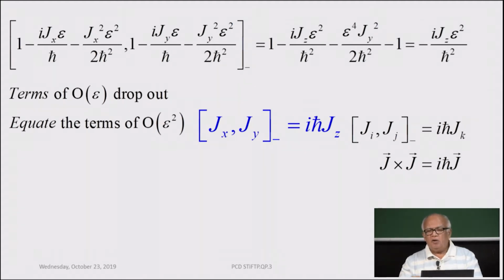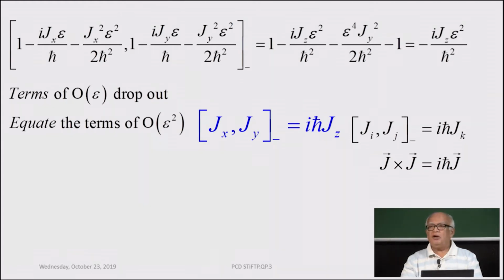If you consider all 3 components, then you have J cross J equal to i h cross J, which is again a stunning result, because the cross product of 2 collinear vectors always vanishes.